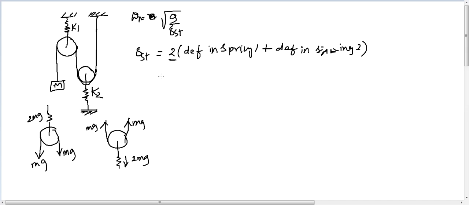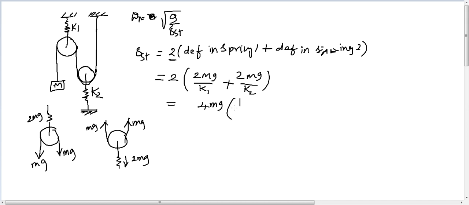So our total static deflection is nothing but 2 times the deflection in spring 1, which is the force in spring 1 by k1. The force in spring 1 is 2mg by k1 plus here also 2mg by k2. So we are getting 4mg into 1 by k1 plus 1 by k2.